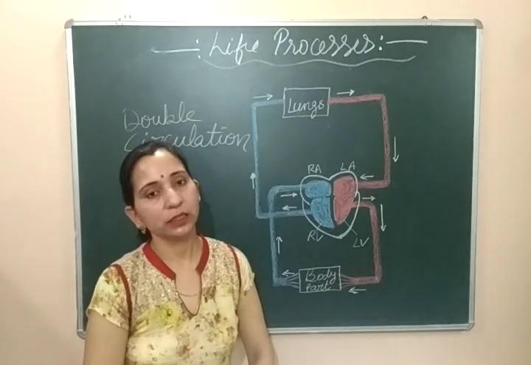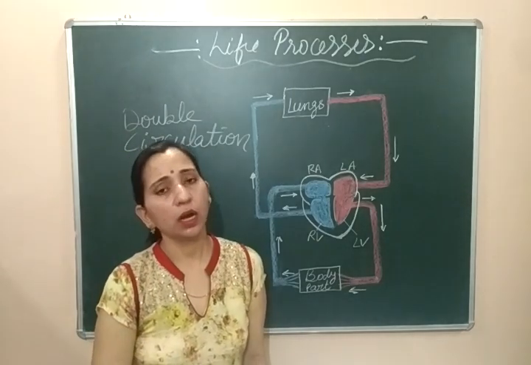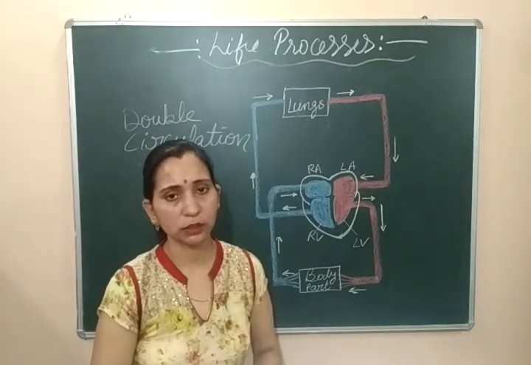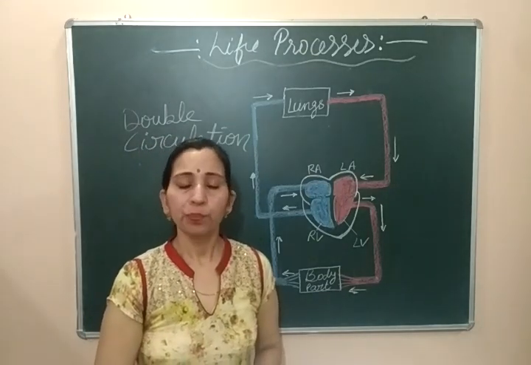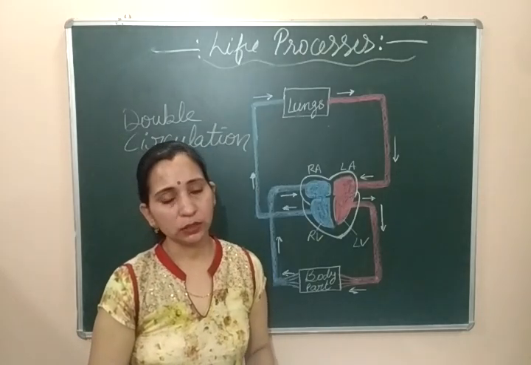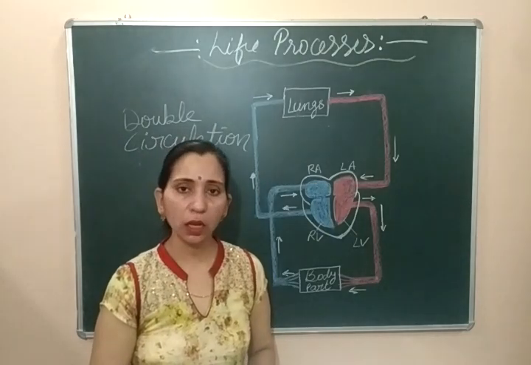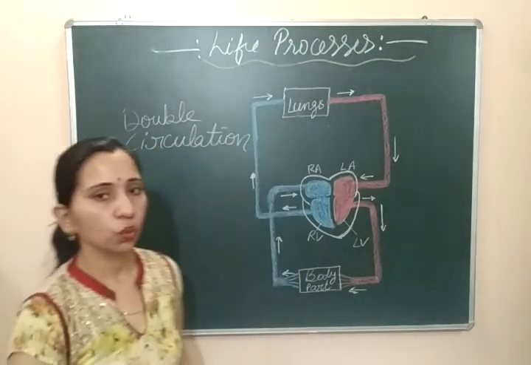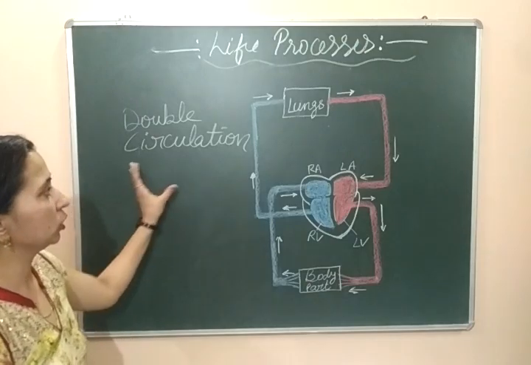In this cardiac cycle, blood is transported through the heart 2 times. So the transportation of the blood through the heart twice in a single cardiac cycle is known as double circulation.